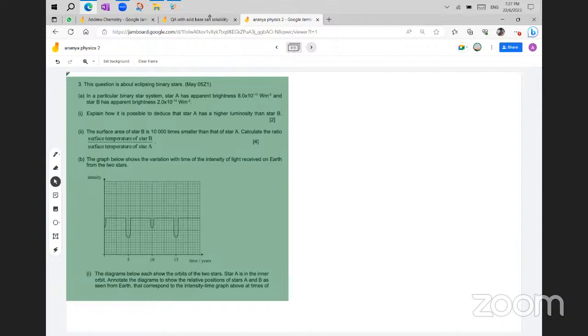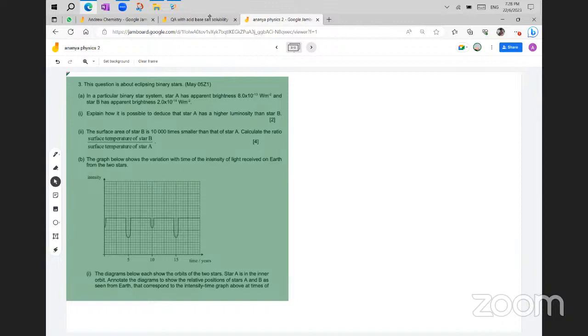Yeah. Now, star A apparent brightness is bigger or smaller than B? Star A is brighter.